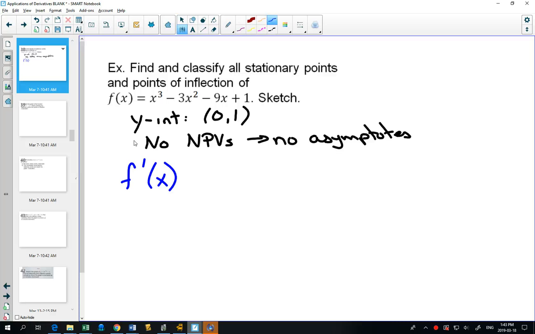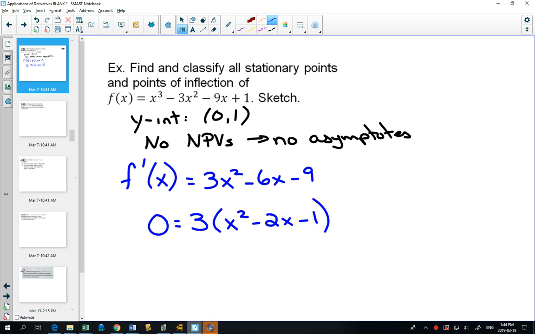My first derivative is equal to 3x squared minus 6x minus 9. I can set my first derivative equal to 0. This has a common factor of 3, which I'm going to take out. Did I make a mistake?